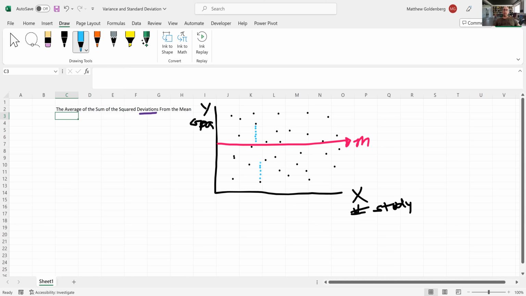And a way to think of it is this. If you are deviant in some way, you are different from the normal, different from the average. And so like someone with a deviant IQ, the average IQ might be 100, and someone with a deviant IQ might be 200. They're different from what the mean is, different from what the average is.